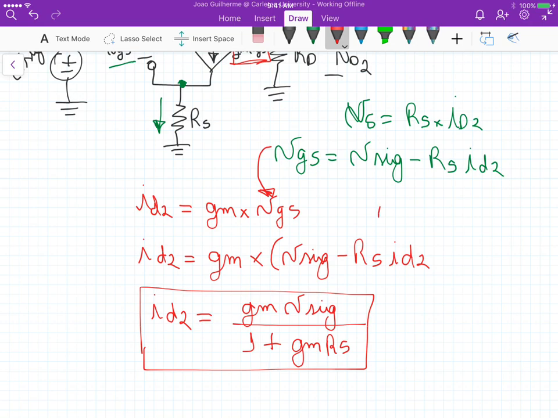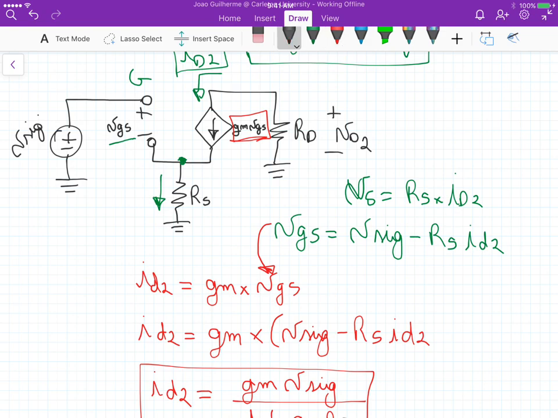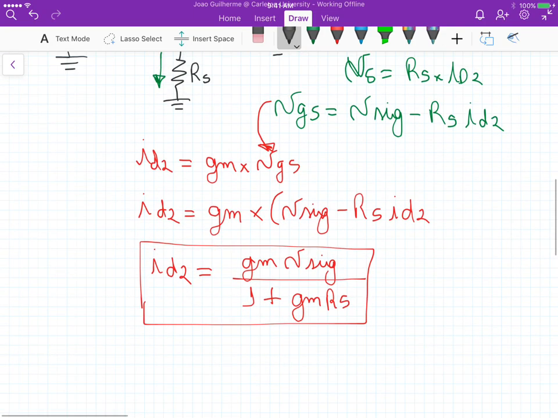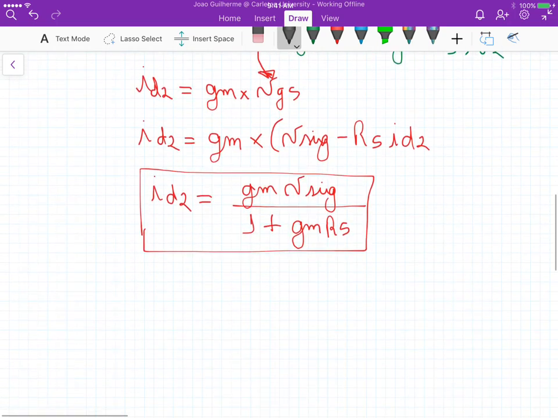And we can still have an equation for Vo2, for this one here, right? Again, it's just ID2 times RD, negative of that, because the current is flowing in the opposite direction as the polarity assigned for Vo2.